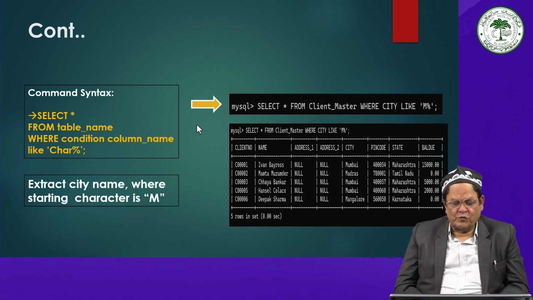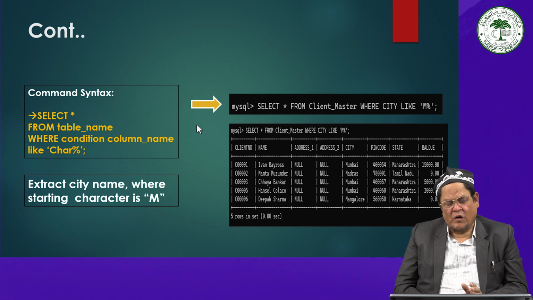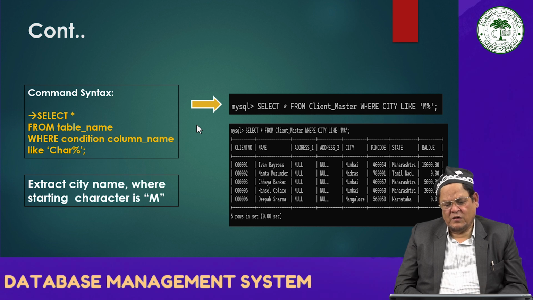So in MySQL you have to type the statement in such a way: SELECT *. I want all the attributes of a column. SELECT * FROM client_master WHERE city LIKE 'M%'.